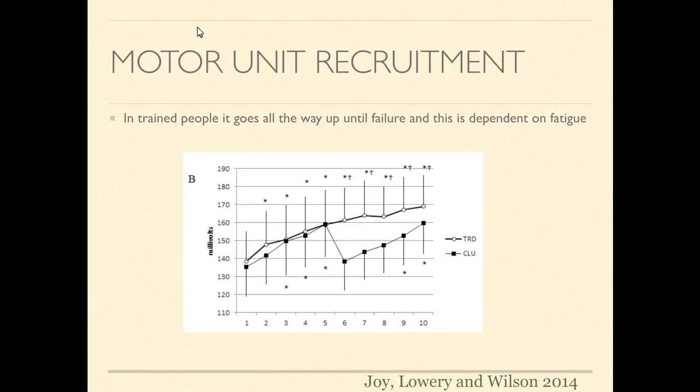We had a cluster group where after 5 reps we gave them rest in between the sets. So motor unit recruitment goes up from rep 1 to 5, then it goes down, and then it climbs from rep 6 to 10. The point is that with fatigue in highly trained people, you'll increase motor unit recruitment to failure. In untrained people, you may have decreased motor output simply because they can't take the pain.